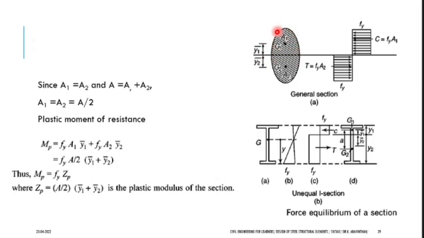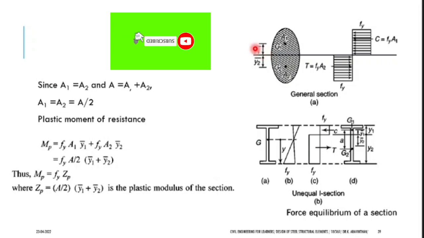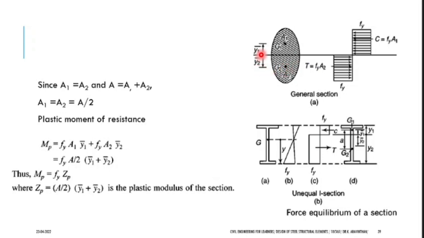Take this first half, find the centroid, and from the centroid to the equal area axis, this is the equal area axis, is known as y1 bar. From the equal area axis, you find the centroid of the other half, and the distance from the axis to that centroid is y2 bar. If you find y1 bar plus y2 bar into A by 2, you will be getting Zp.